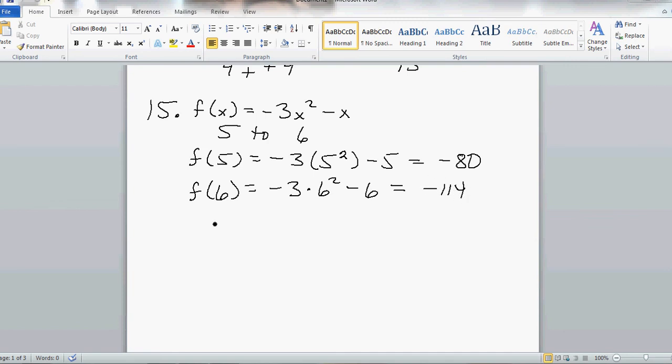So then putting it into the average rate of change, it's -114 minus -80 all over 6 minus 5. And doing some quick calculations, we get -34 over 1, which equals -34. And so the average rate of change would be -34.